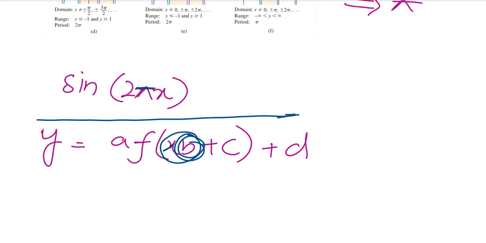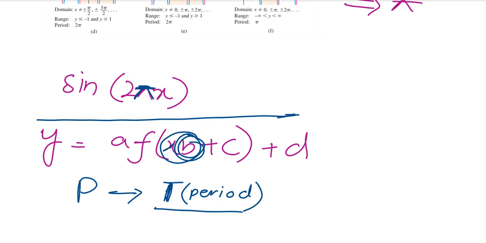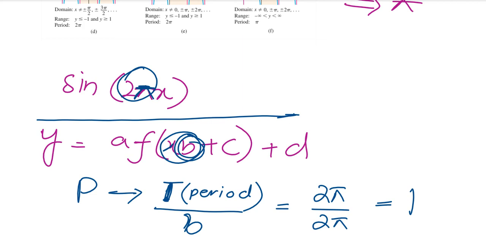The b value in sin 2 pi x is 2 pi. So the formula for finding the period is T over b, where T is the period value in the fundamental graph of sin x, and the b value lies over here. So you can just write it like this and get the period that is equal to 1.